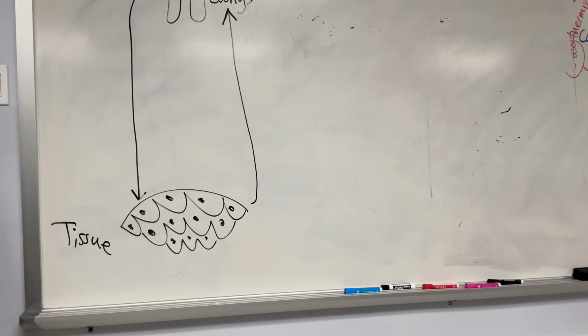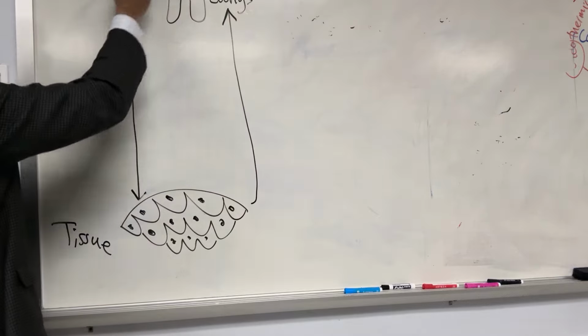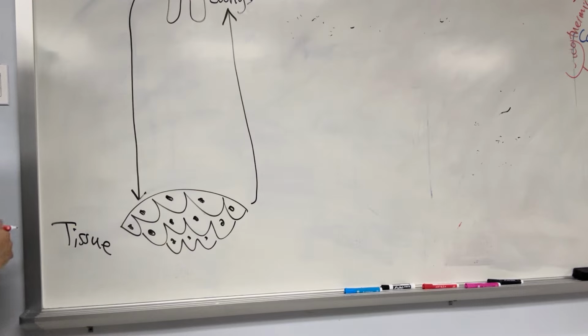So your lung has a high partial pressure. The partial pressure of oxygen in the lung, is it high or low? High, because your lung is your reservoir of oxygen. So the partial pressure for oxygen in the lung is very high.